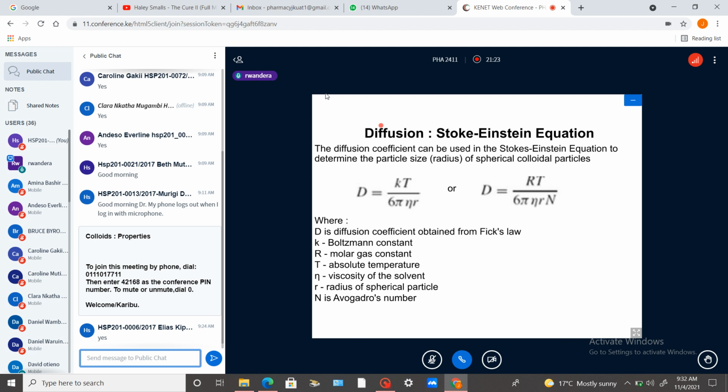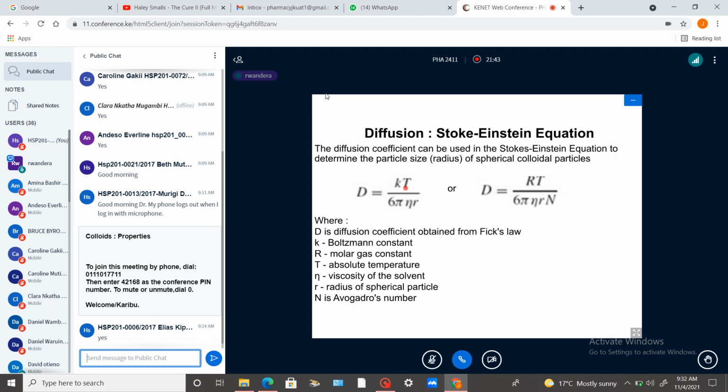Now, from this diffusion motion, you can use it to determine the size, or the radius, of spherical colloidal particles using the Stokes-Einstein equation.